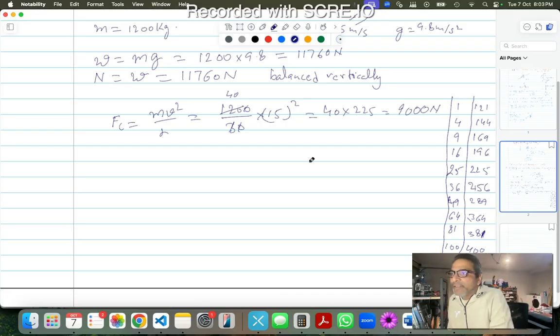All right. So the squares, any value. For example, in physics there are lots of constants which need to be remembered, just like g 9.8 and pi 3.14.